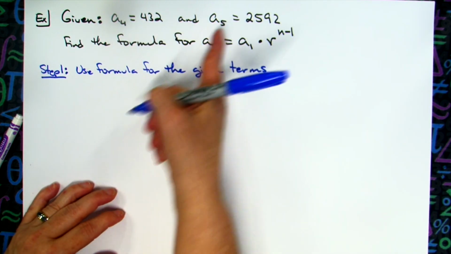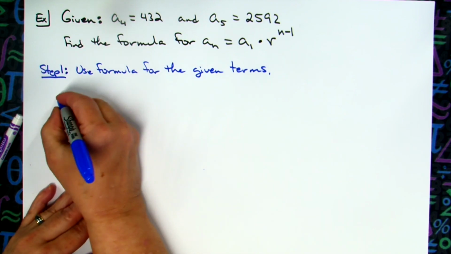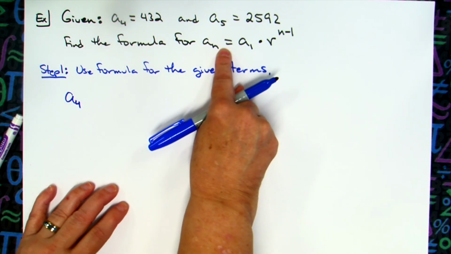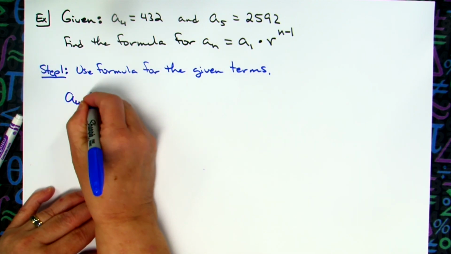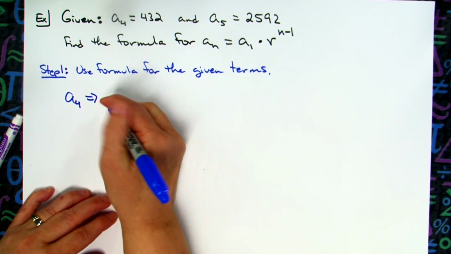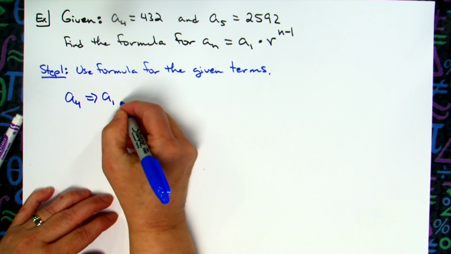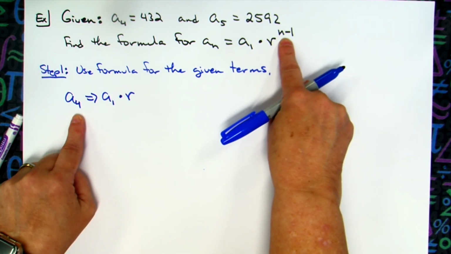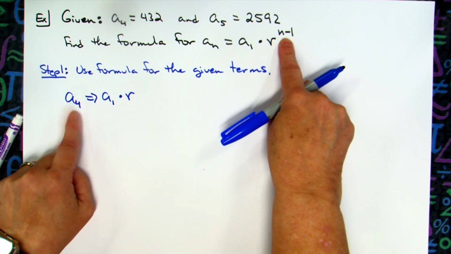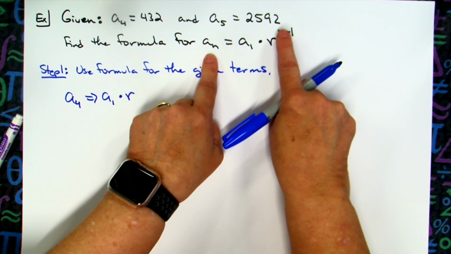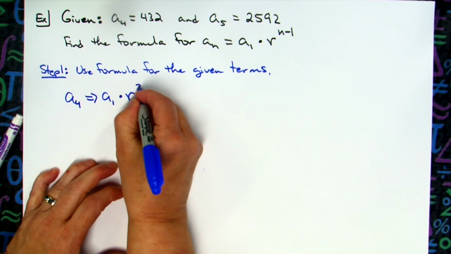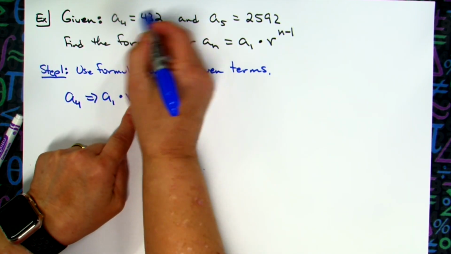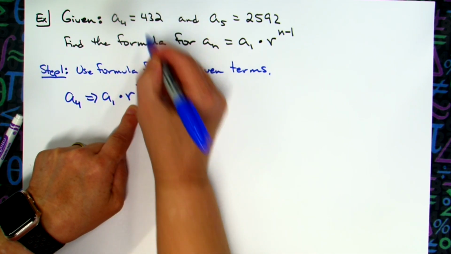So I'm going to take these two terms and write this out. I'm going to write a sub 4, because that's the term I'm given. That's going to translate into a sub 1, I don't know the first one, times r, I don't know r, but this exponent up here, n is 4, so 4 minus 1 puts a 3 right there. And this has to be equal to 432.